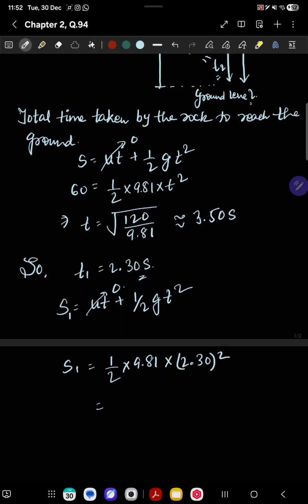If we calculate this value, this will be approximately equal to 25.9 meters.